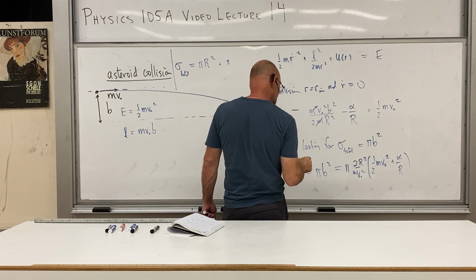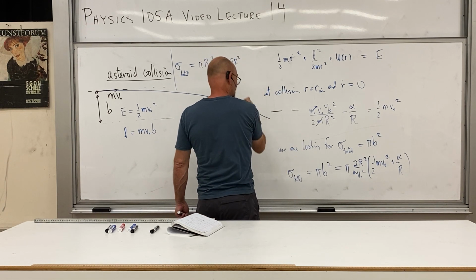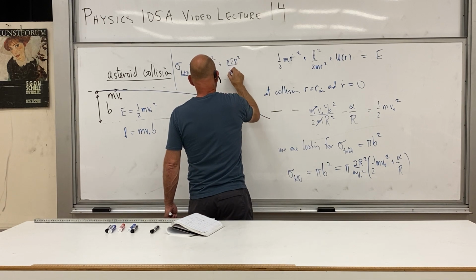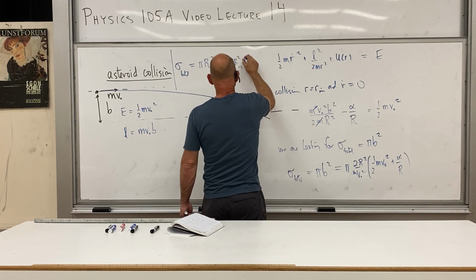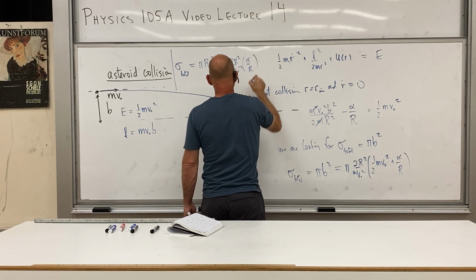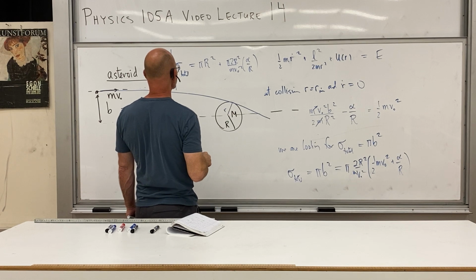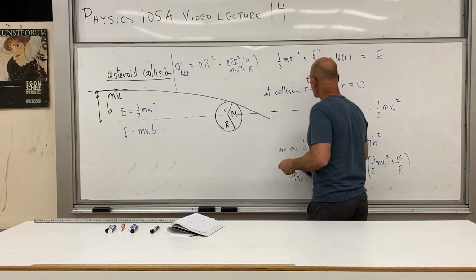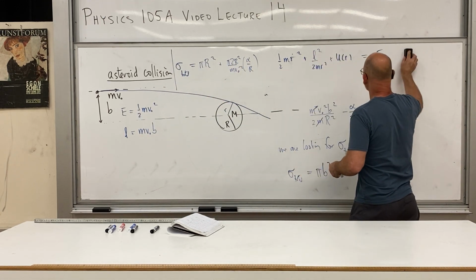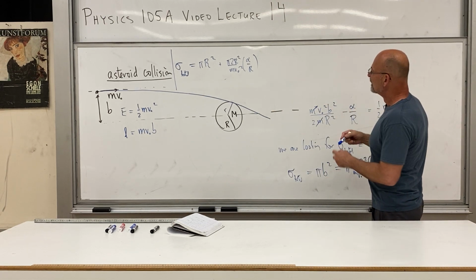Plus pi, I'll just write this out, 2R squared over m v naught squared times alpha over R. Okay, let's get rid of this and write this out one more time.